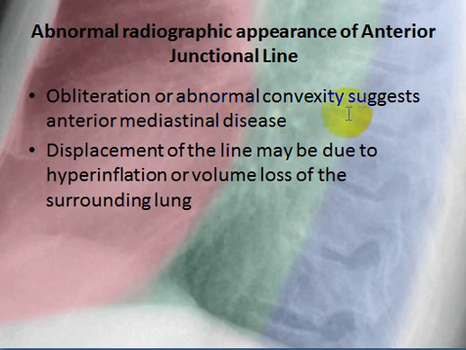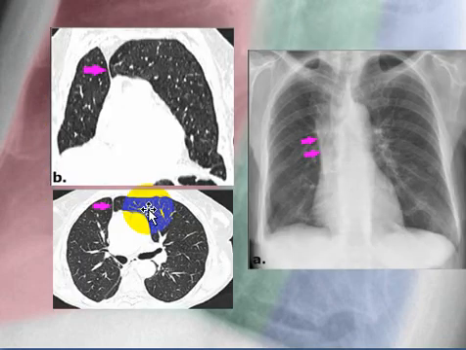Obliteration or abnormal convexity suggests an anterior mediastinal mass. Displacement of the line may also be seen with hyperinflation or volume loss of the surrounding lung.